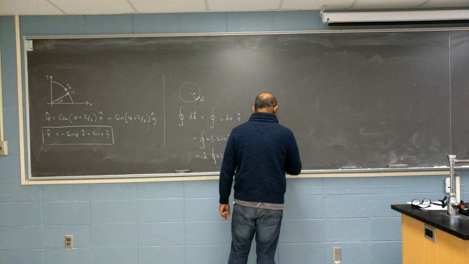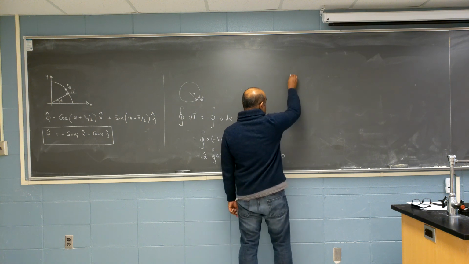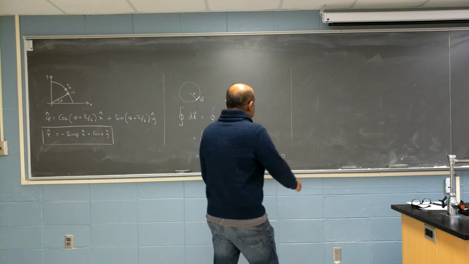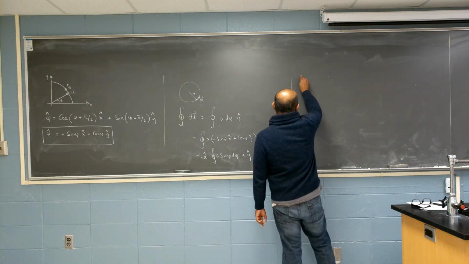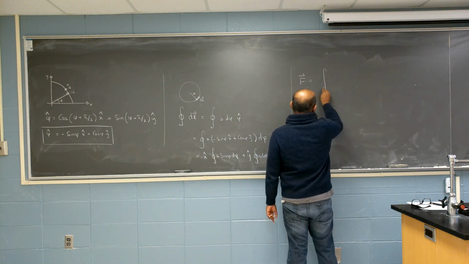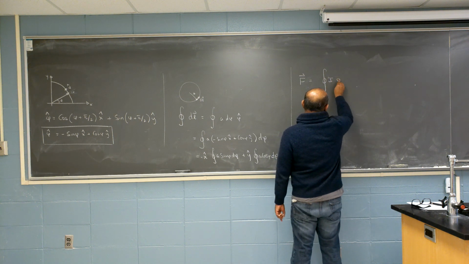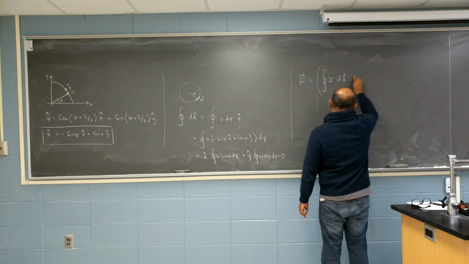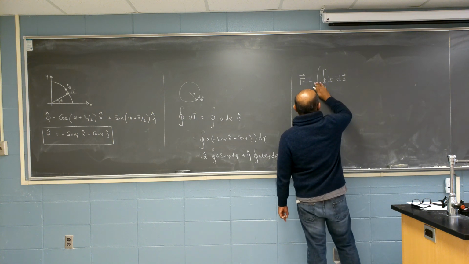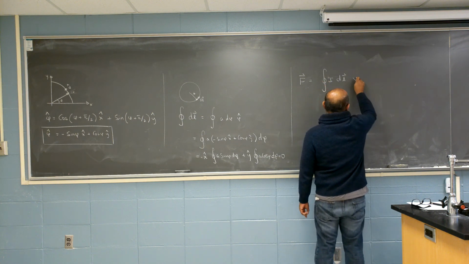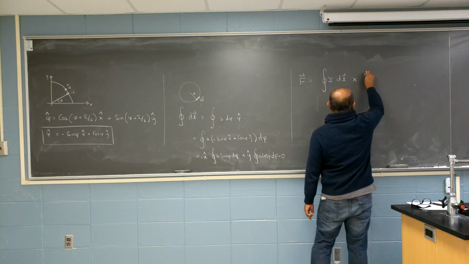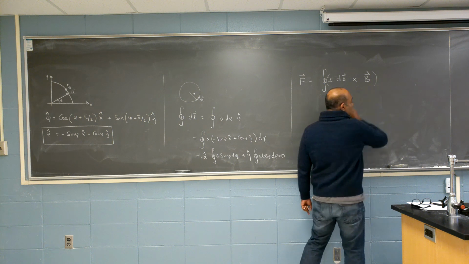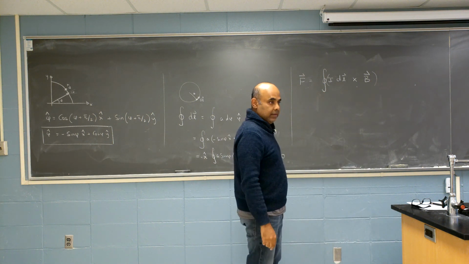The reason I wanted to mention that, this is all sort of prerequisite for what we're going to study. The magnetic force on a loop is, in general, I dL cross B, and the integral is to be done here, right?